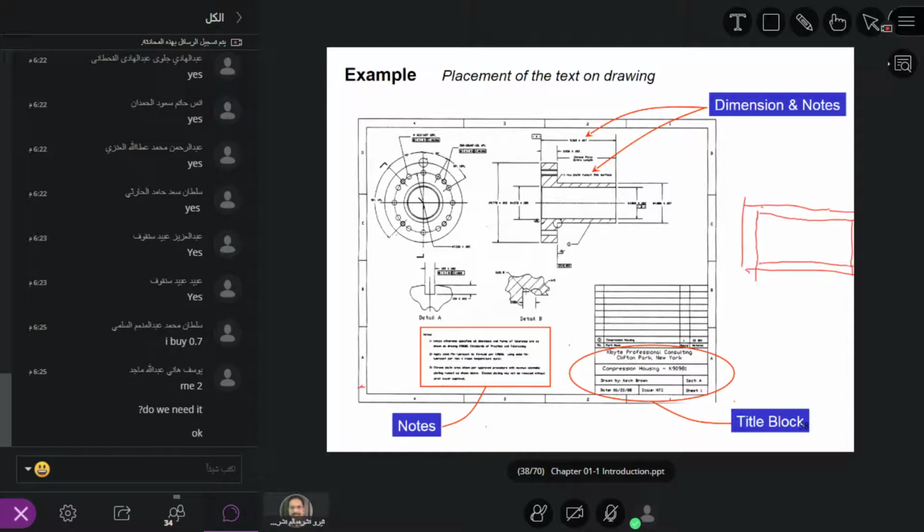Then you fix your paper on the board, and the first thing you have to do is to draw the margins. You don't need to draw a double margin like this. A single margin can help. That's it.